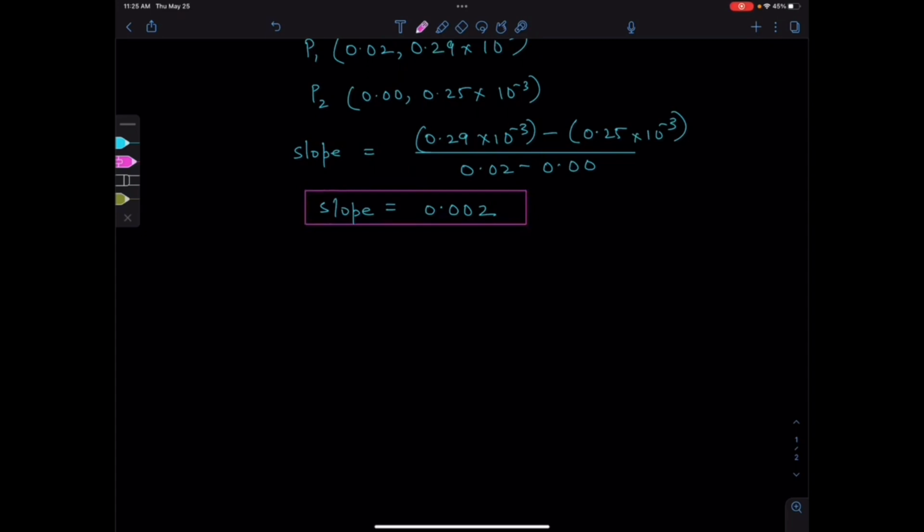The equation for this straight line is pi by c equals RT times 1 over Mn plus A2 C. Mn is the molecular weight and A2 is the second virial coefficient.